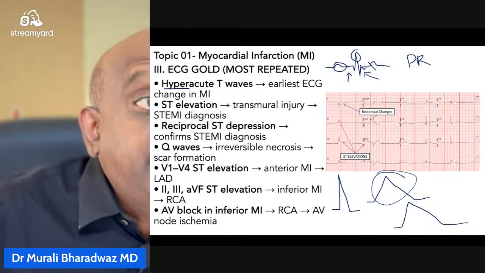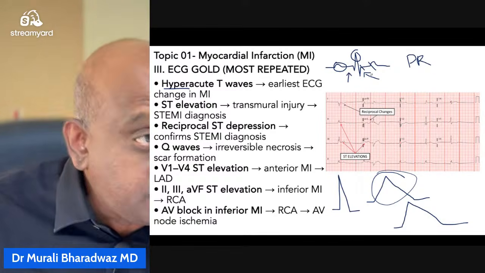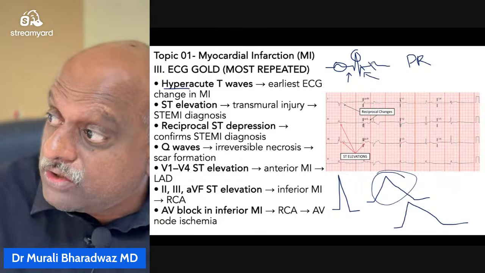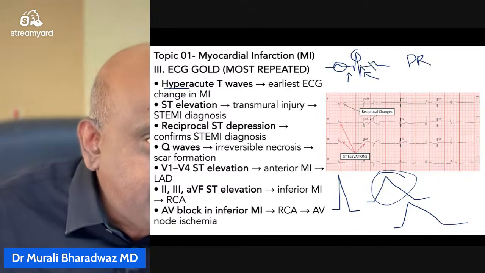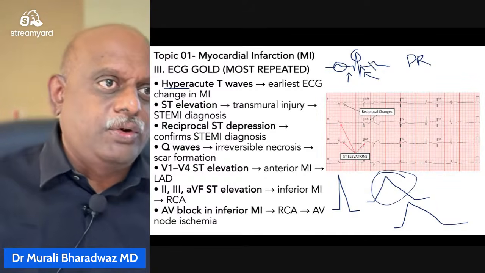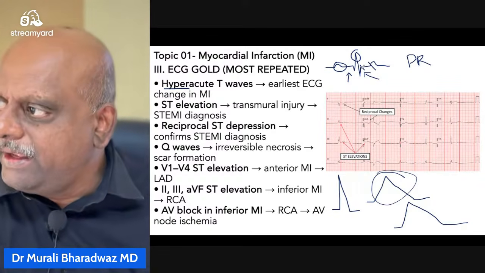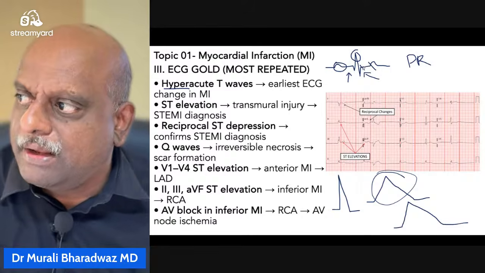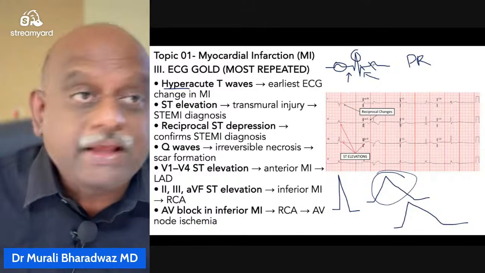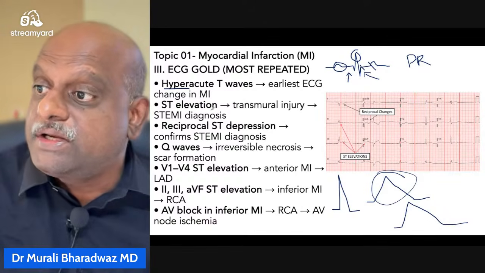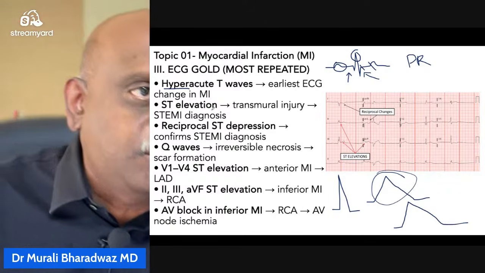Then what is QT interval? Start of the QRS complex, including the QRS complex, until the start of the T wave, including the ST segment. That is called QT interval. QT interval includes QRS complex plus ST segment. So from the end of the S wave to the beginning of the T wave, you call it ST segment. This ST segment is elevated, which is an indication of transmural injury.